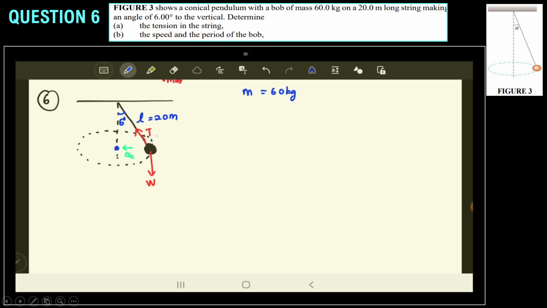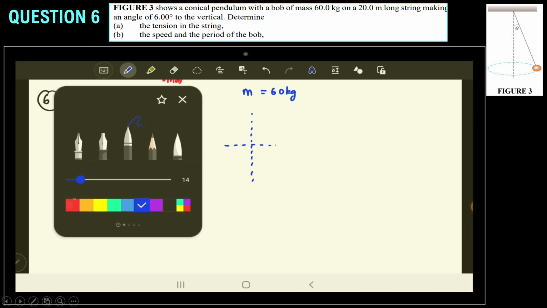Now I want to transfer the free body diagram into X and Y components. Why?